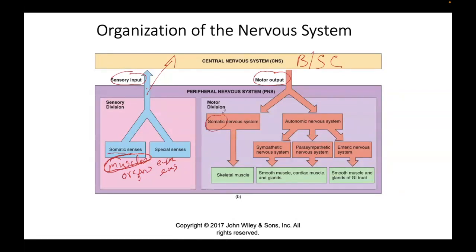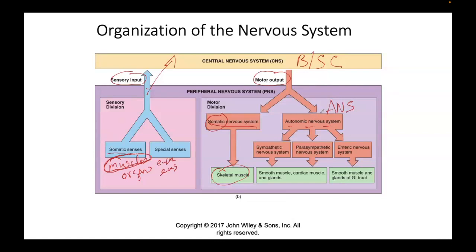Going to the soma, going to your skeletal muscles, giving them commands how to contract, but not just going to the somatic neural system, but also the ANS. The ANS is an abbreviation for the autonomic neural system.